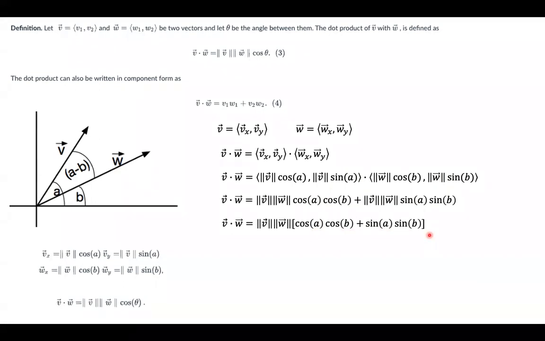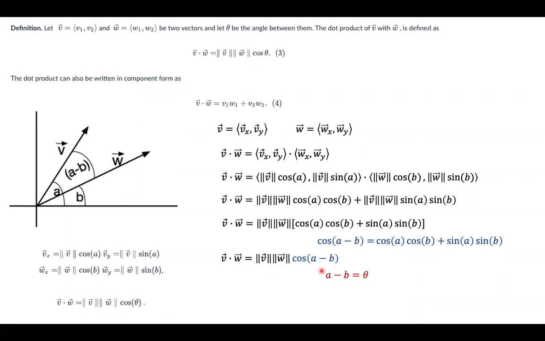Now this part should look a bit familiar, cosine A cosine B plus sine A sine B. Where have we seen it before? With our trigonometric properties. We know that cosine of A minus B is equal to cosine A cosine B plus sine A sine B. That is a trigonometric property that we had back in unit 4. If I replace this with cosine of A minus B, I should get this.